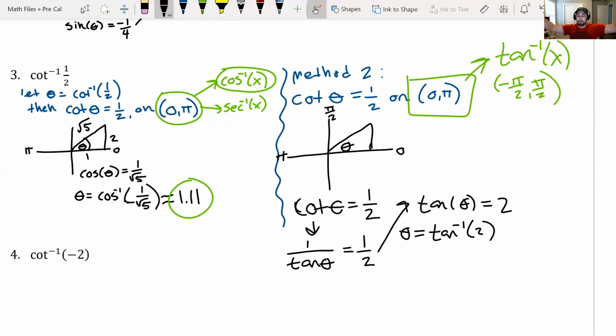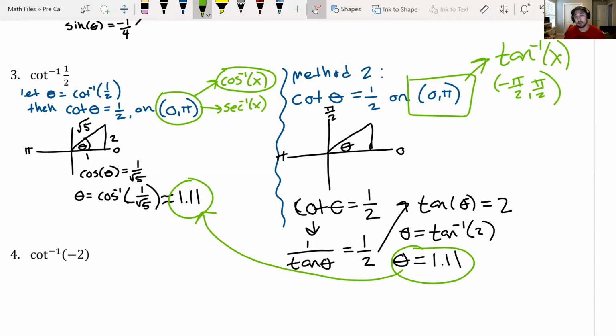We have it. Do you have an inverse tangent button on your calculator? Yes, that is correct. So if I say inverse tangent of 2, guess what theta equals? 1.11. What do you notice about this value? It's the same as that value, just less work.